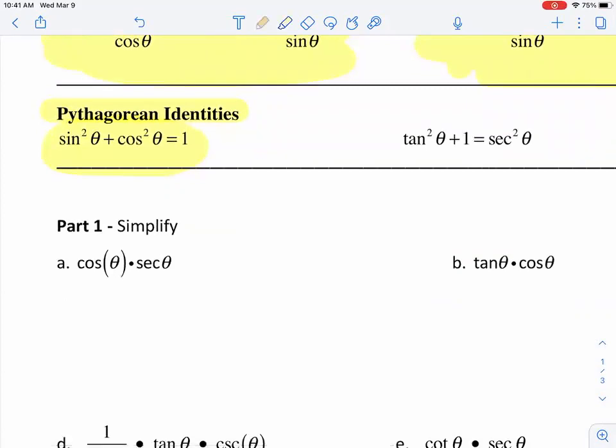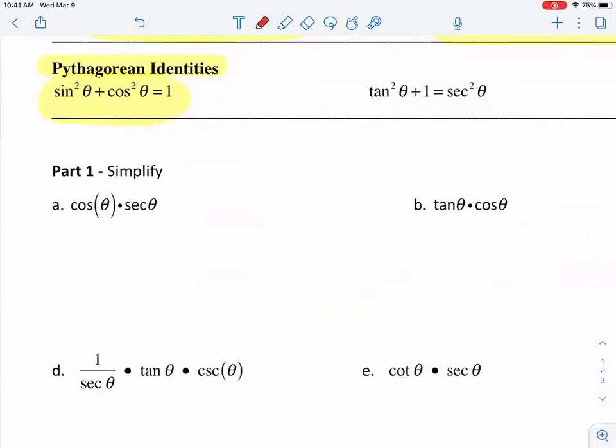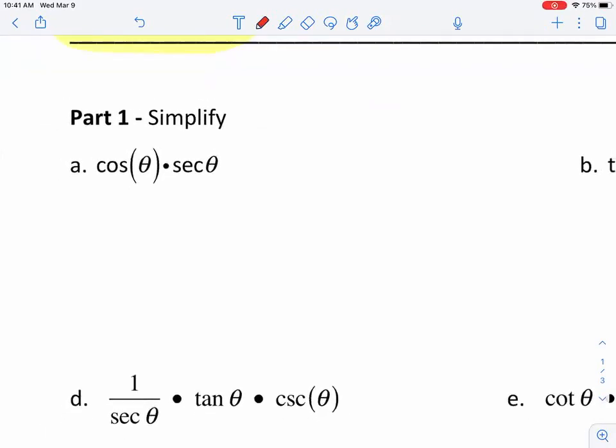All right, but let's first start with part one, where we're trying to simplify these things. When we simplify, we want ideally to get things into one term. Sometimes we can't, but oftentimes we can. So for example, in number one, the cosine of theta times the secant of theta. Well, remember the secant is the reciprocal of the cosine. So you can rewrite that.